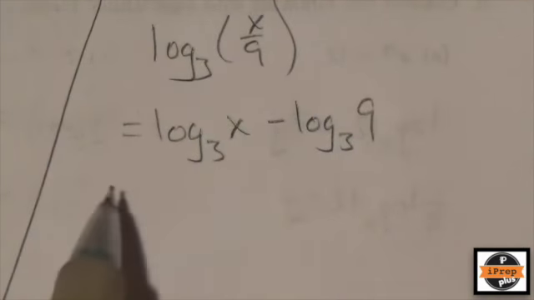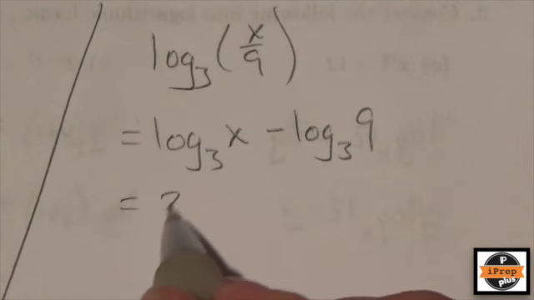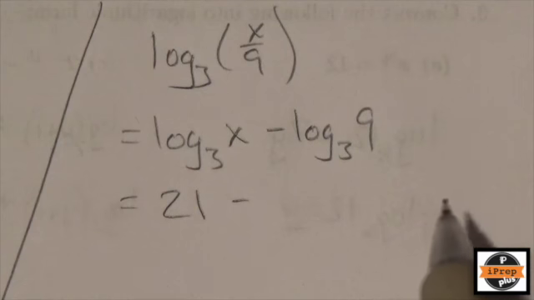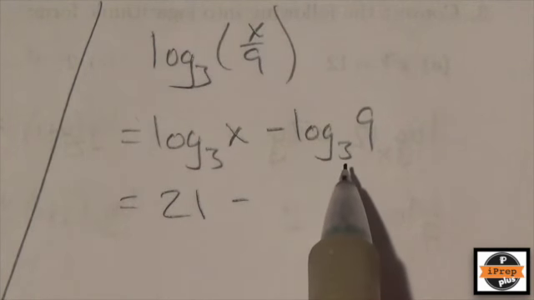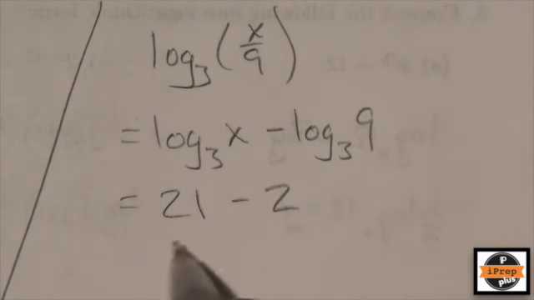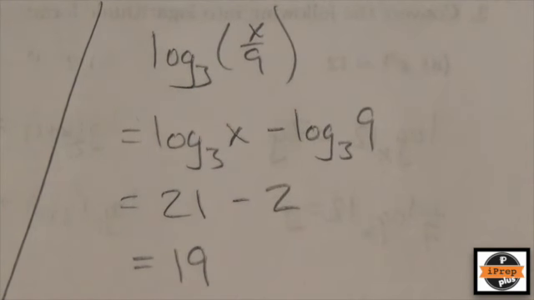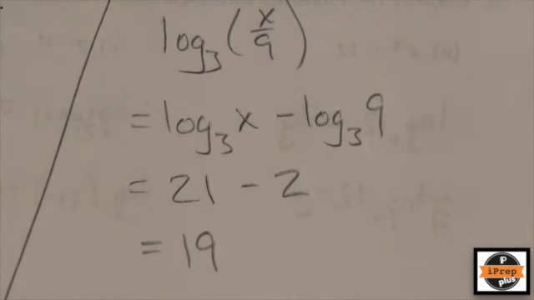So I know that this bit is actually equal to 21. A little bit of experience with logarithms tells me that the log base 3 of 9 is just going to be 2. And then 21 minus 2 is just 19. So either way I approach this, I'm going to get 19 as the final answer for this question.